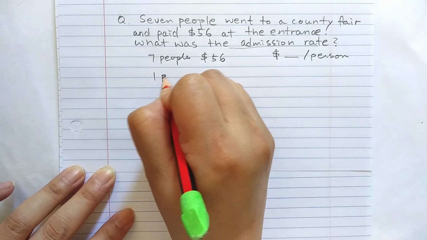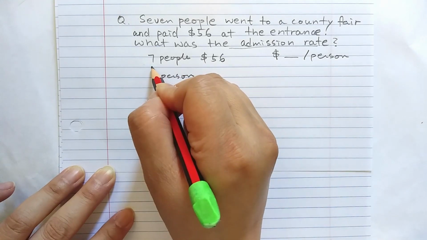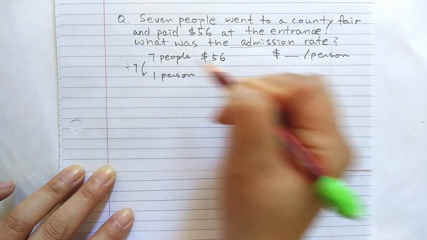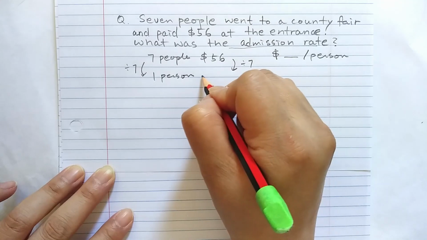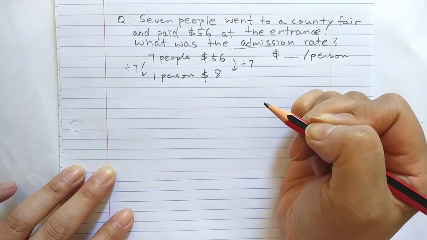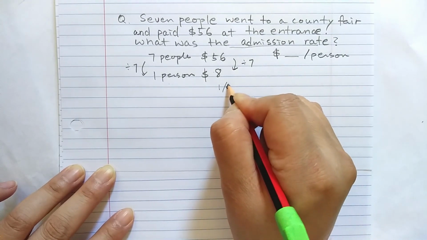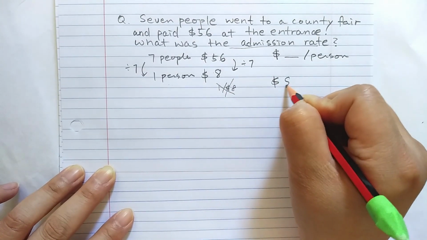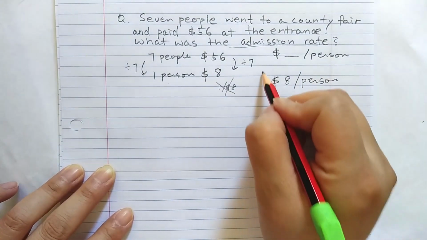And how much would it be for one person? 7 became 1 by dividing by 7. Do the same on this side. Divided by 7 means each person paid $8. So the rate is not one person for $8. This is not correct. It was $8 per person.